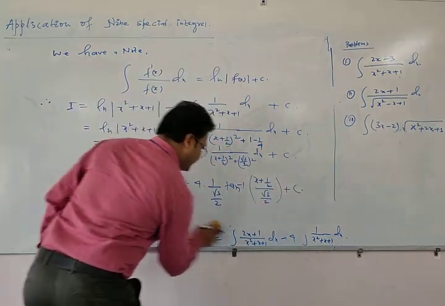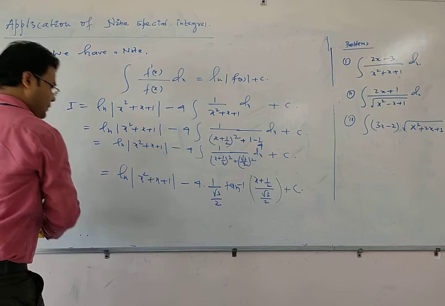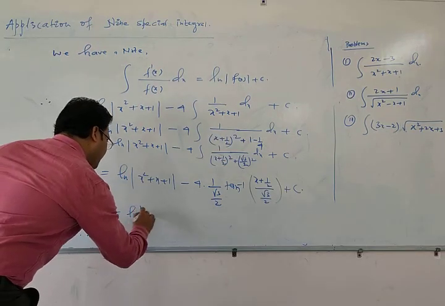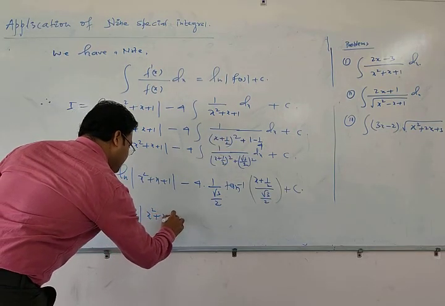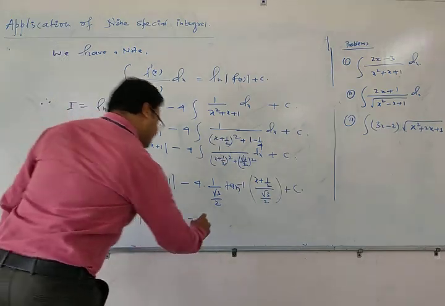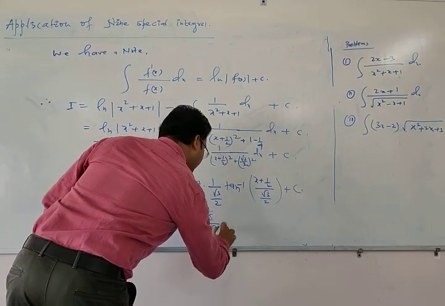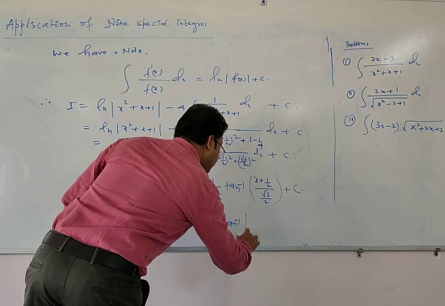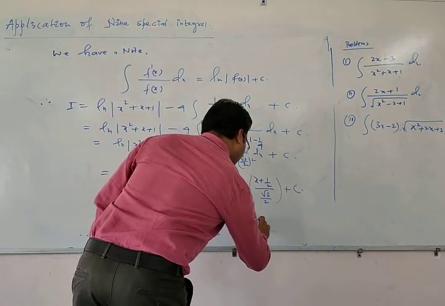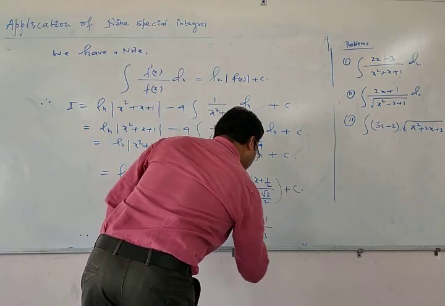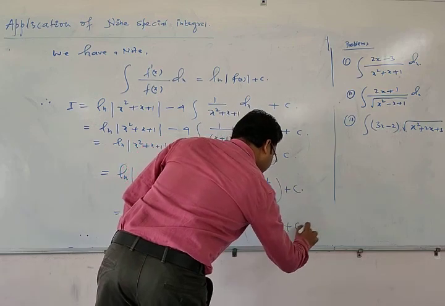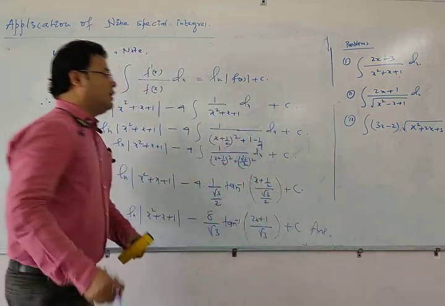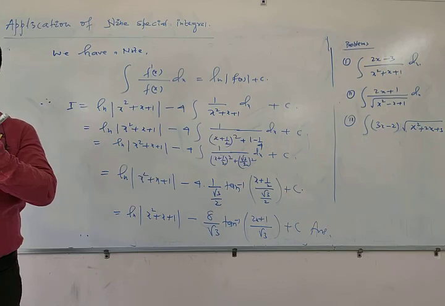On simplifying this, we will get ln mod x square plus x plus 1 minus 8 by root 3 tan inverse of 2x plus 1 upon root 3 plus constant term c. This is the final answer you can see here.